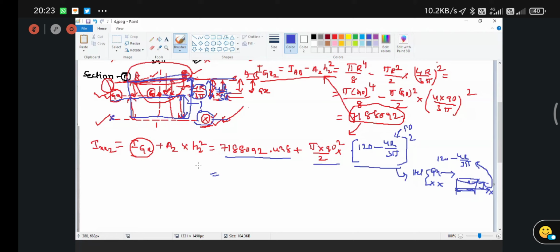For the total, you have to do the square. If you do this, this total value I am going to get as negative.